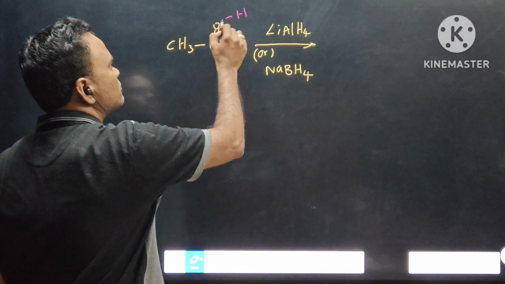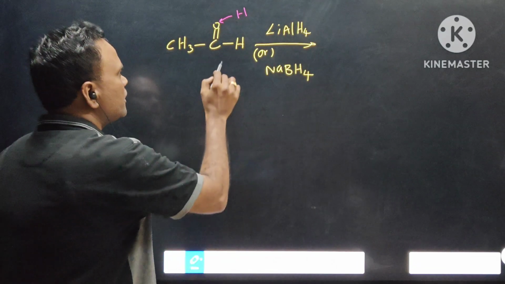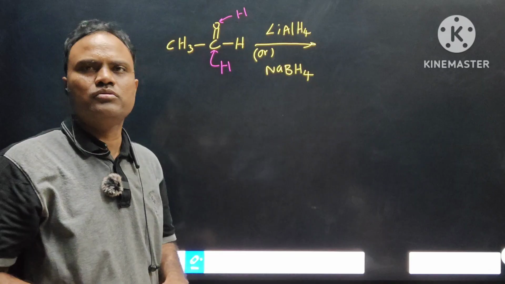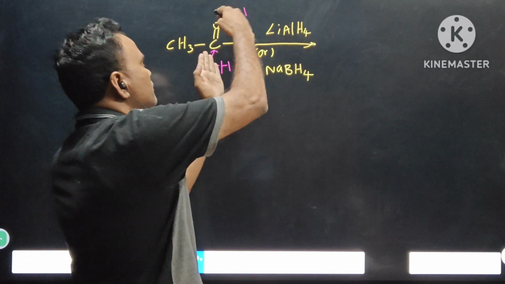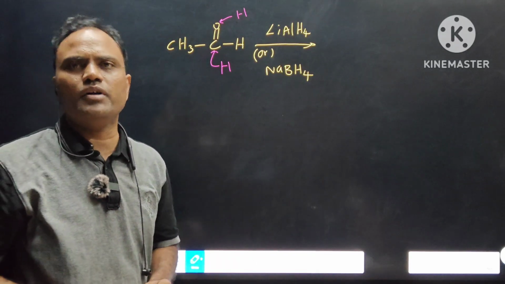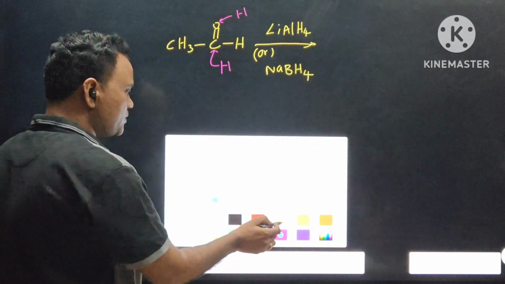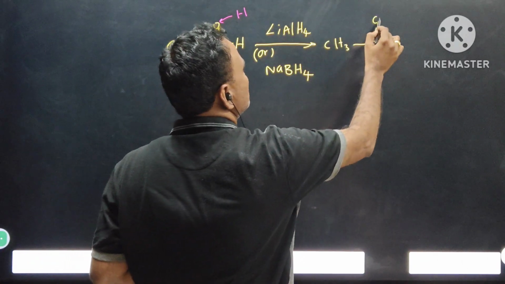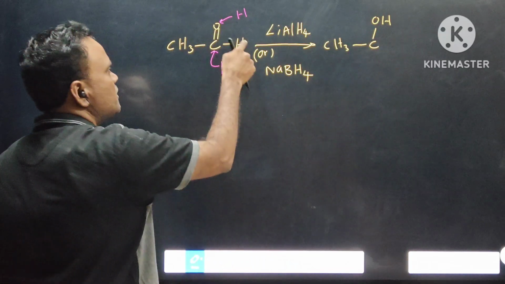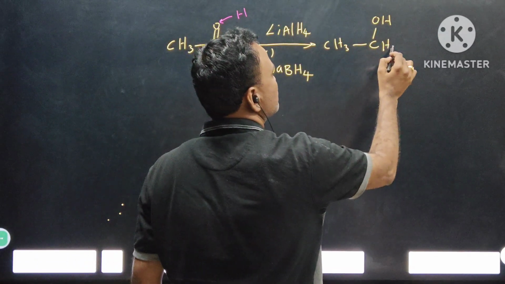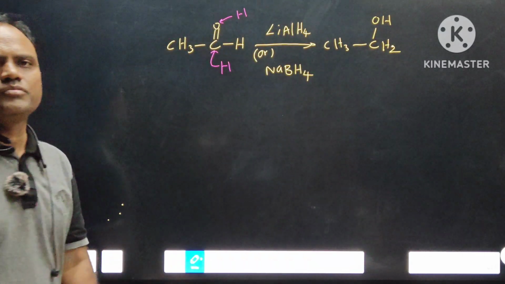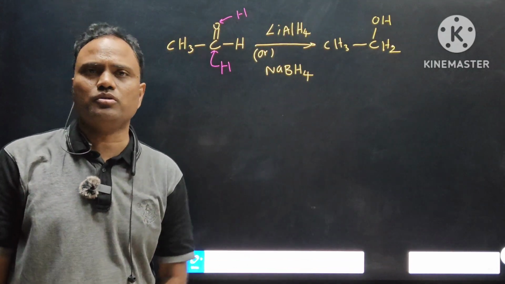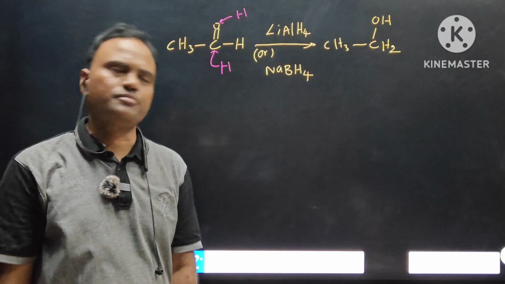Hydrogen will be added to oxygen and hydrogen will be added to carbon, and the double bond will convert to single bond. During addition, the double bond will disappear. So what we will get? We will get CH3, CH2OH, here one H and here one H. This is the shortcut mechanism with lithium aluminum hydride or sodium borohydride. Clear? Right.